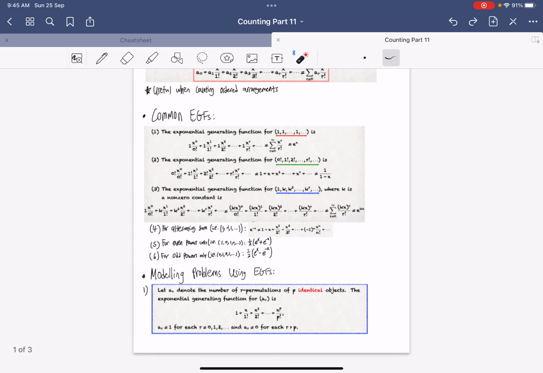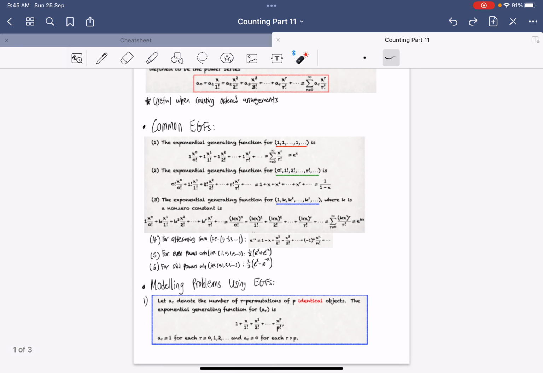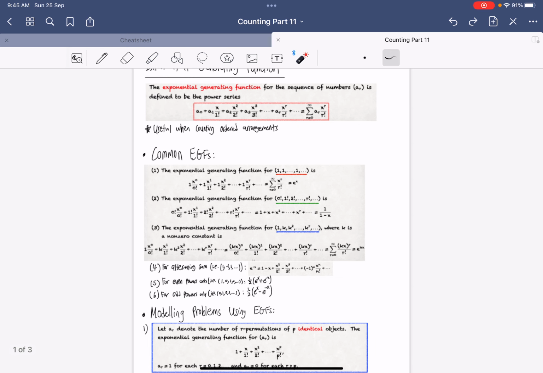Now let us see how we can model with this exponential generating function. Before that, let me note that any operations that we went through in the ordinary generating function, such as multiplying by 1 minus x, are applicable to the exponential generating function in a certain sense, as long as you are able to keep the division right.